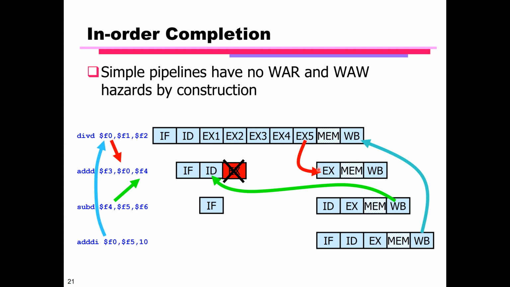But then it is absolutely clear that neither the write after read nor the write after write will ever be a problem for us. It's very clear, I guess, to everybody that any write back of an instruction following some other instruction will always happen after the read, that is the decode, that is the read of the register of a preceding instruction, right? So the write after read will always be honored.